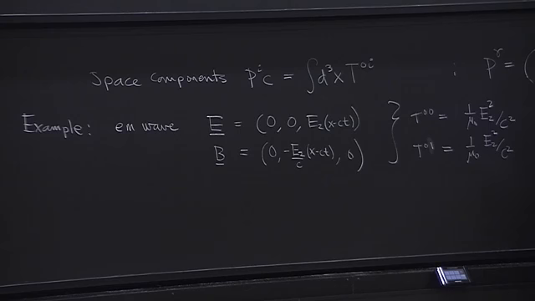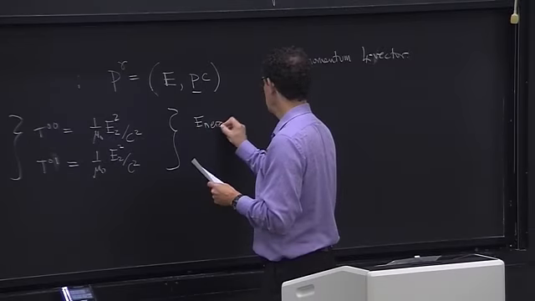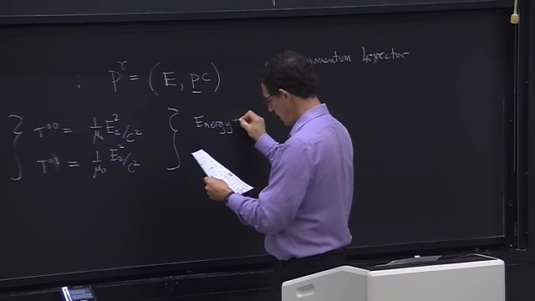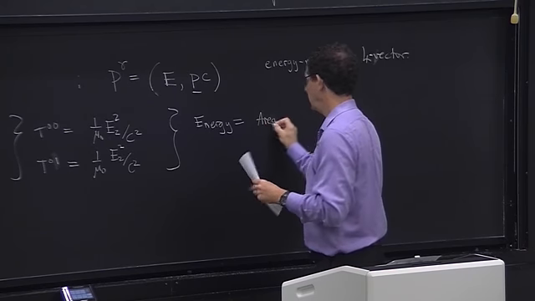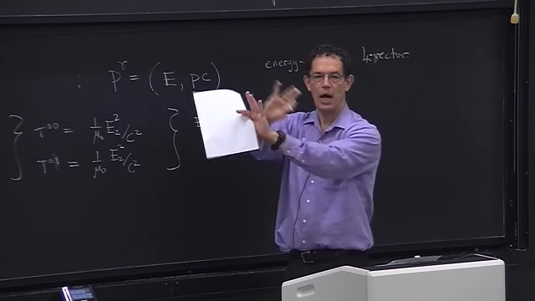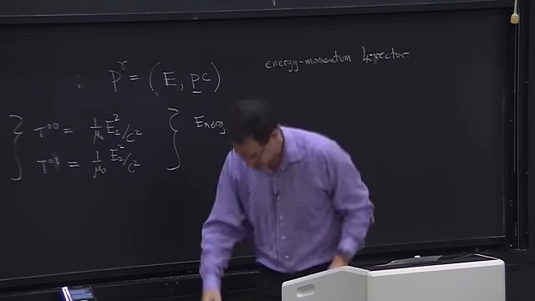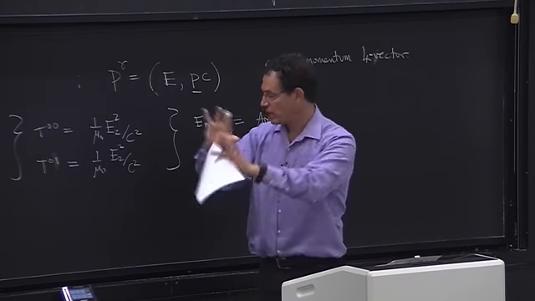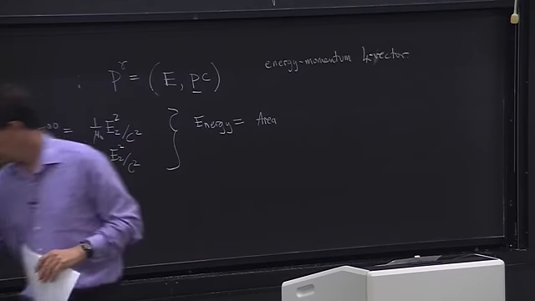And what this means is that the energy in the wave is equal to the area. There's a transverse area, which is the YZ area, right? The wave only depends on x. So there's some transverse area in the YZ plane.